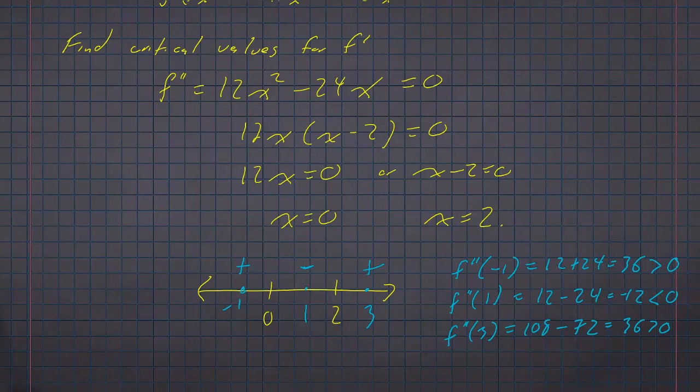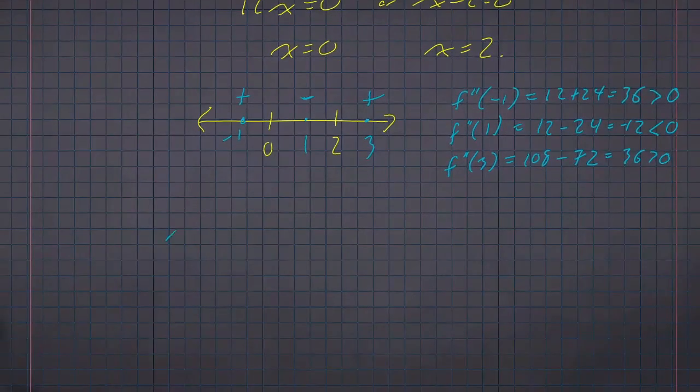And in fact, the second derivative changes from positive to negative at 0, and from negative to positive at 2. So 0 and 2 are both points of inflection. This function has 2 points of inflection to work with.